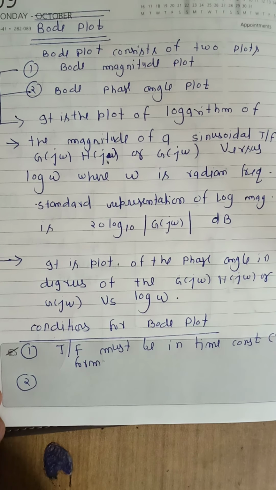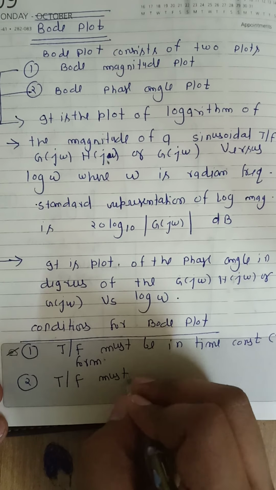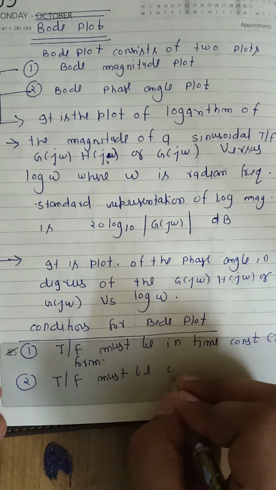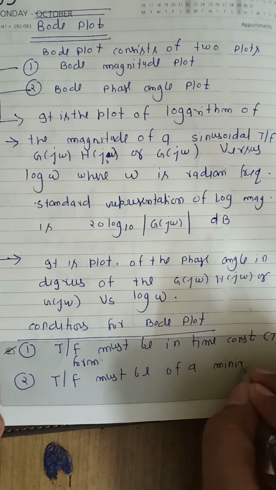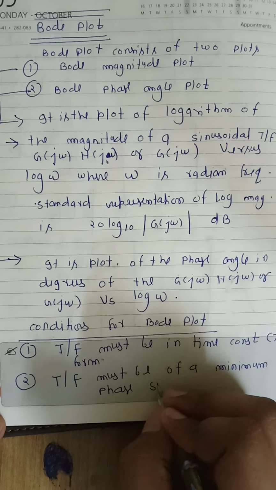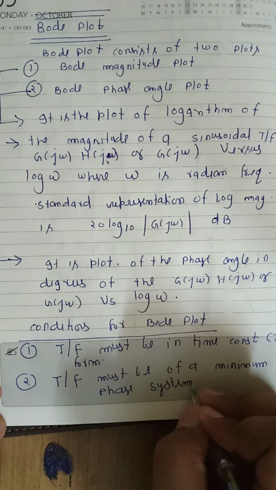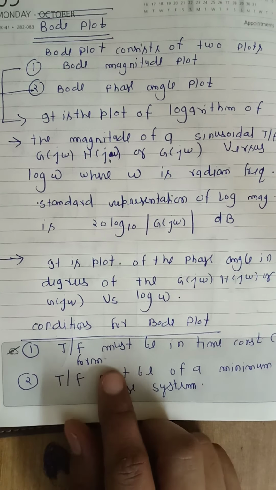Second condition is that the transfer function must be of a minimum phase system. First condition is the transfer function must be in a time constant form.